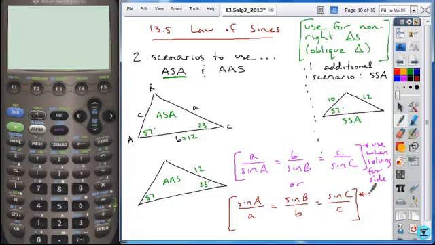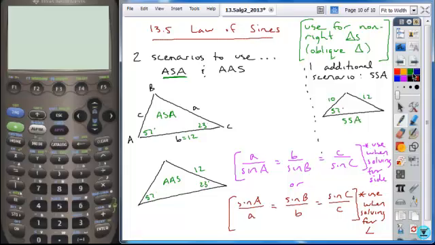What I would use this for is solving for an angle. You can use either one, but I would put the unknown, the variable I'm solving for, in the numerator. It just makes it easier to solve the equation. If I'm solving for a side, I'm going to put the side in the numerator. If I'm solving for an angle, I'm going to put the angle in the numerator.